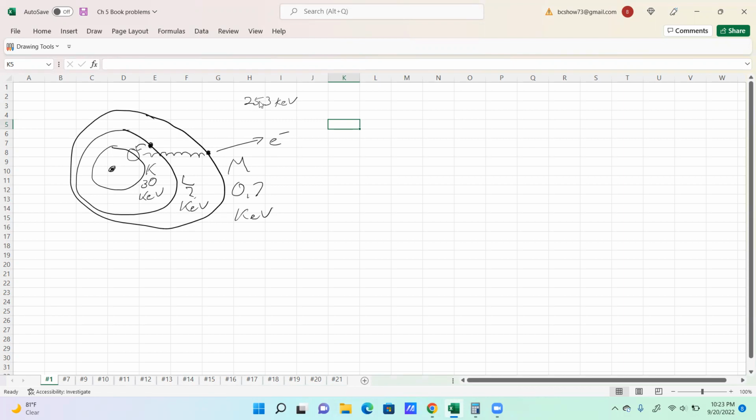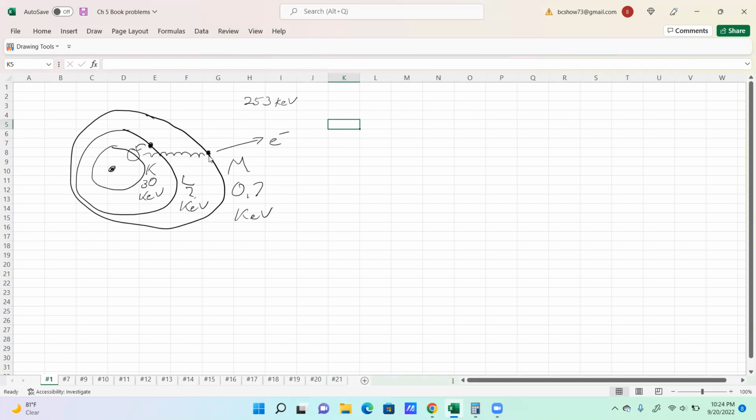We know that it has an energy of 25.3. We also know that it took 0.7 keV to liberate it. So this photon here would be the sum of the 25.3 and the 0.7, so 26 keV. So we know that the 26 keV was carried out here. Some was used to liberate this from the M shell, and then this was the rest.